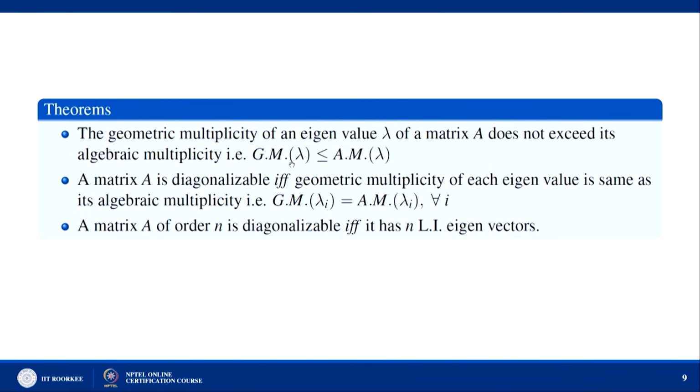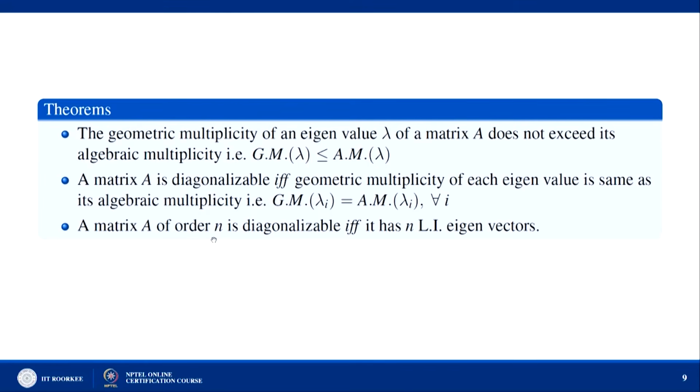Now, a matrix is diagonalizable if and only if the geometric multiplicity corresponding to each lambda is the same as its algebraic multiplicity. That means, only if geometric multiplicity corresponding to each lambda is equal to algebraic multiplicity will the matrix be diagonalizable. So, this is a sufficient condition.